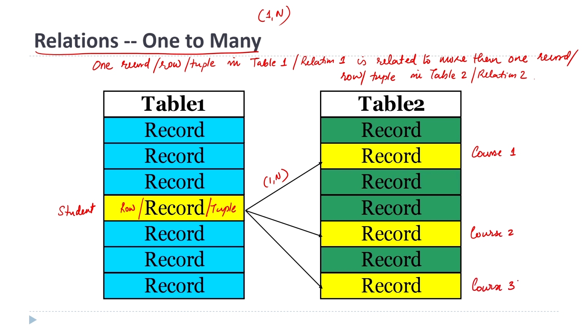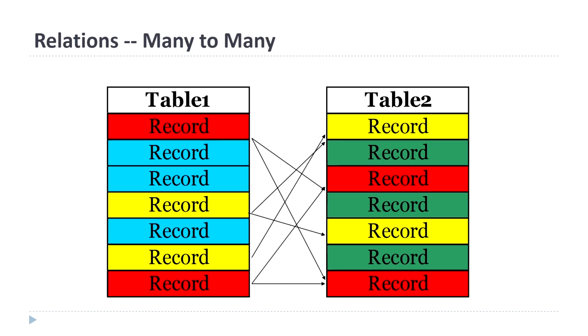So, this particular student, student X, is taking courses 1, 2 and 3. So, 3 courses. That student is connected or related to these 3 courses. Now, let us talk about many to many.